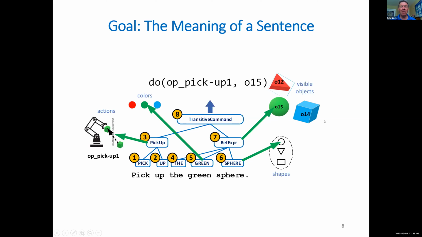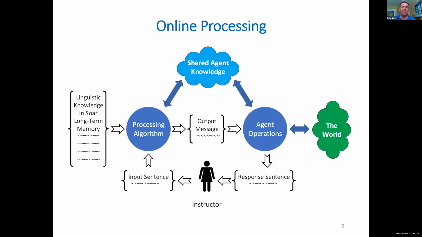So here we see both end-to-end comprehension, we see incremental, or I'm sorry, immediate interpretation in the green arrows, and we also see, well, we don't see too clearly here, but we're going to see more about how this is incrementally done in Soar. So the whole process involves, for each sentence, let's say the instructor gives us an input sentence.